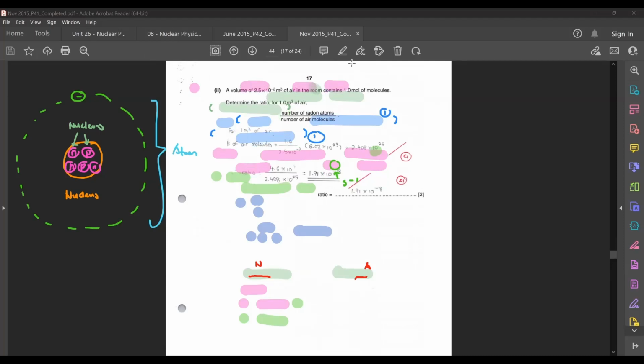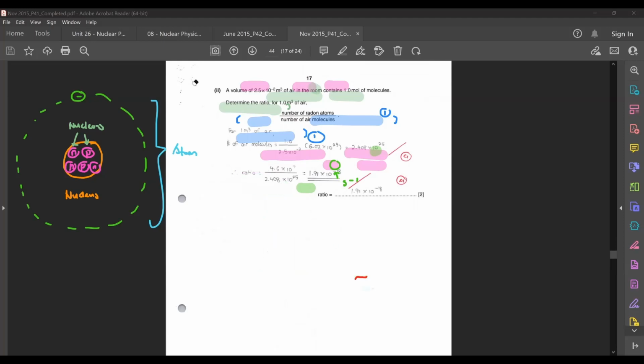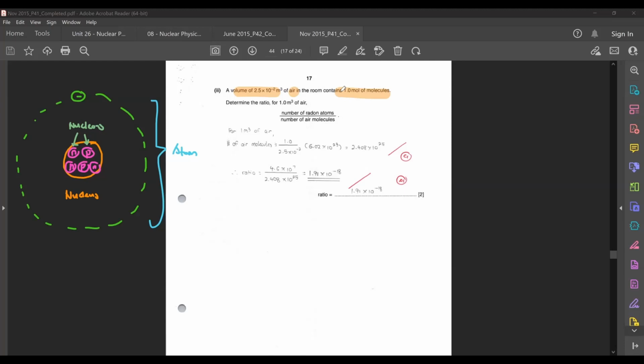Okay, so here you have this. Just let me erase this. Now over here, they tell you you have a volume of 2.5 times 10 power minus 2 meter cube of air in the room that contains 1 mole of molecules.